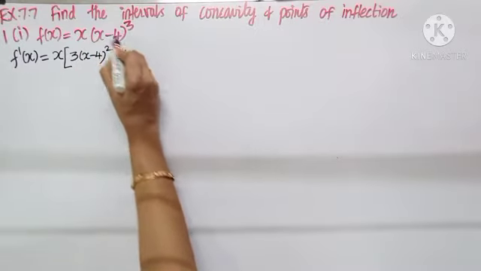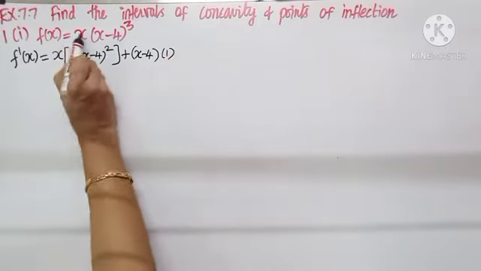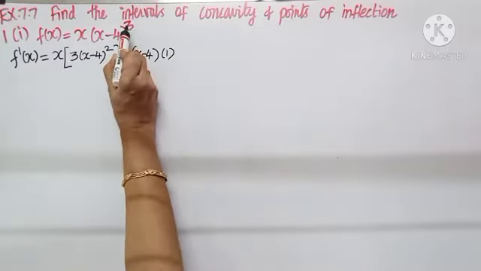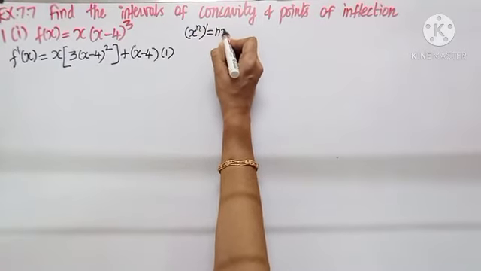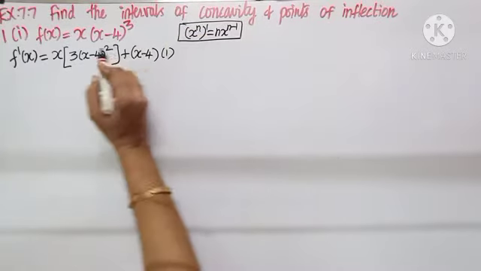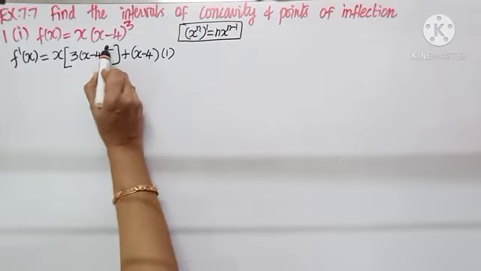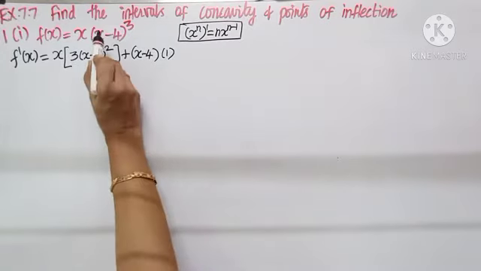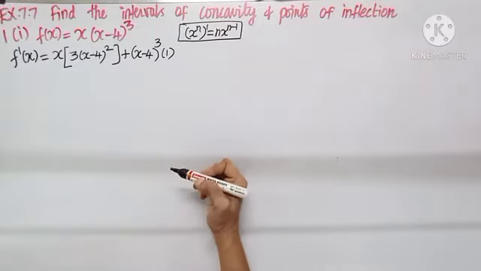plus keep the second term, differentiate the first term. So keep x minus 4 power 3. Remember the formula, x power n derivative n x power n minus 1. As I apply, x minus 4 power 3 will become 3 into x minus 4 square, plus keep x minus 4 the whole cube, x will become 1.